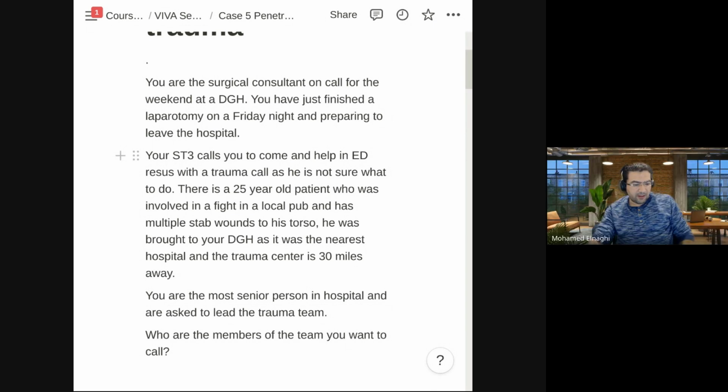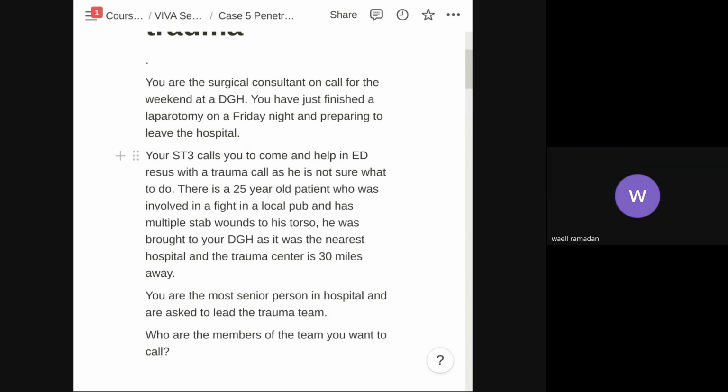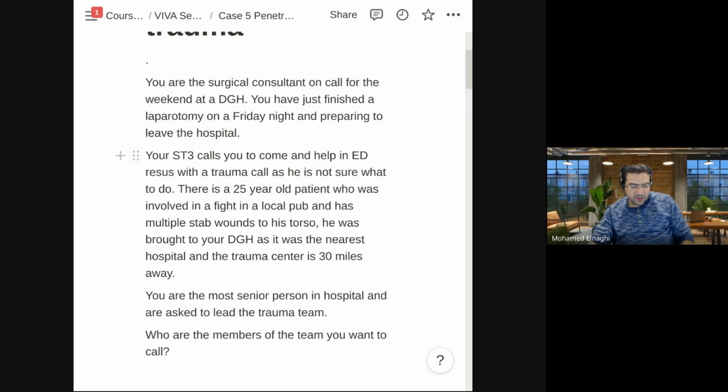For example, the anesthetist would have the ODP with them, and you may have the ITU team as well. In ED you would have different nurses: a nurse who documents all the events during the trauma resuscitation, nurses assigned to give blood and fluids, and nurses who can help with interventions.